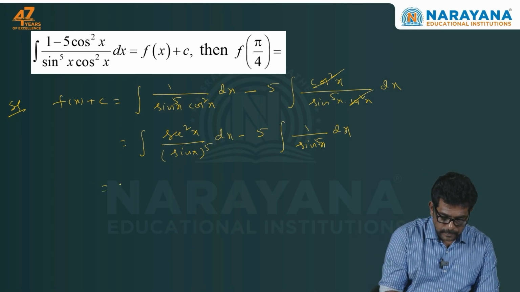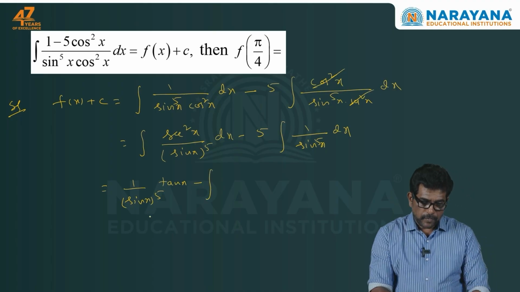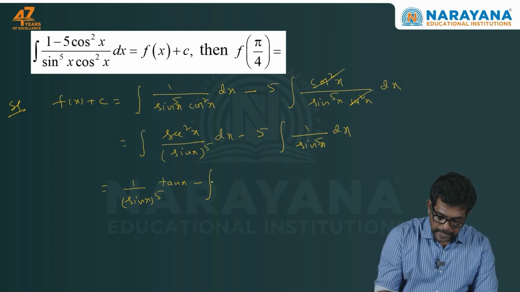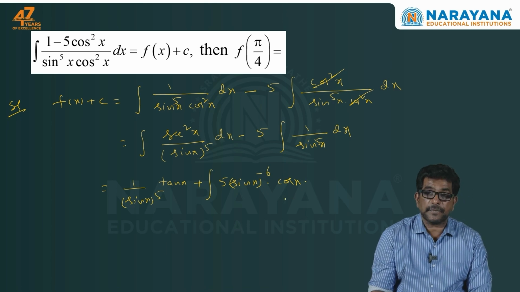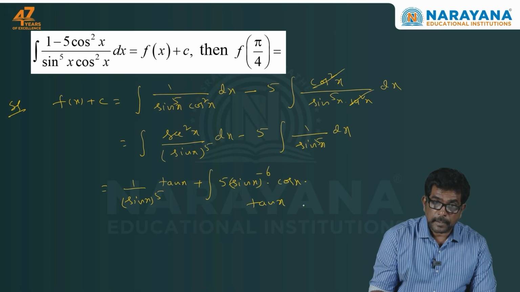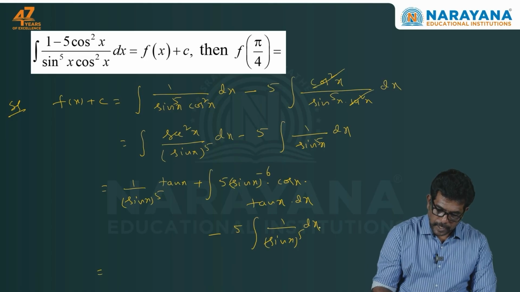This becomes 1 by (sin x)^5 into the integral of secant square x dx, which is tan x, minus the integral of the derivative of 1 by (sin x)^5, which is minus 5, so it becomes plus 5 times (sin x)^(-6) into cos x, into tan x dx, minus 5 times the integral of 1 by (sin x)^5 dx, plus c.